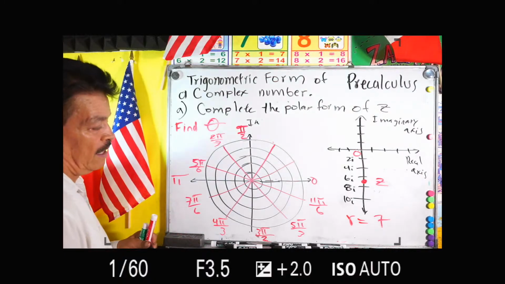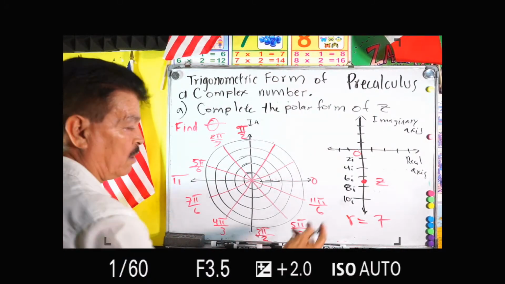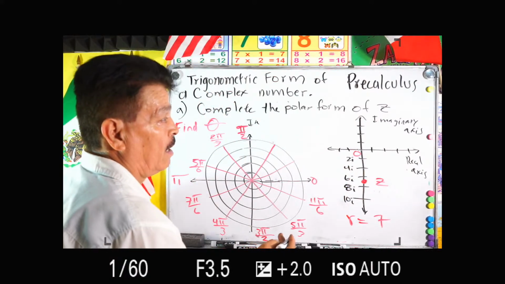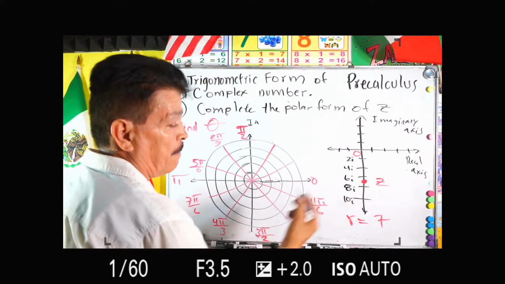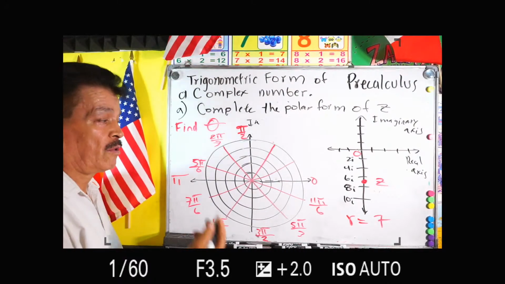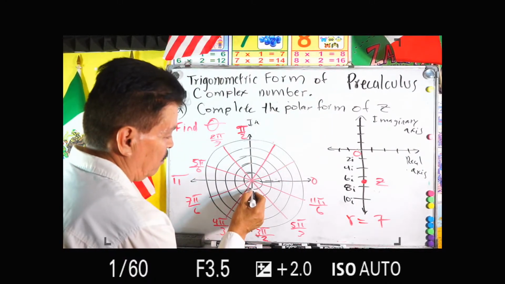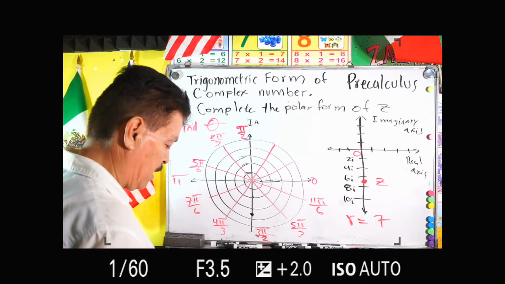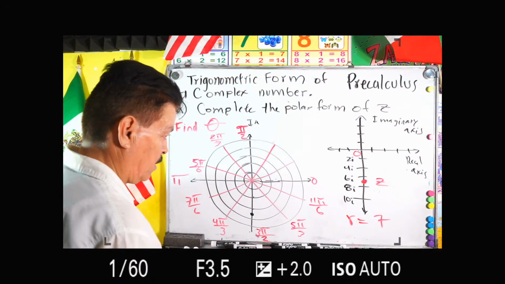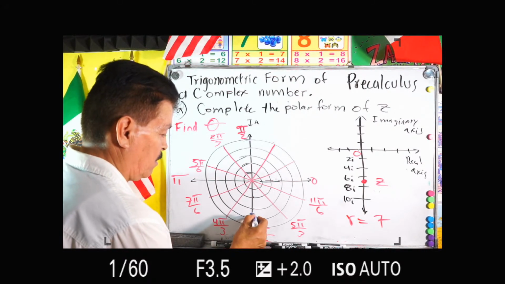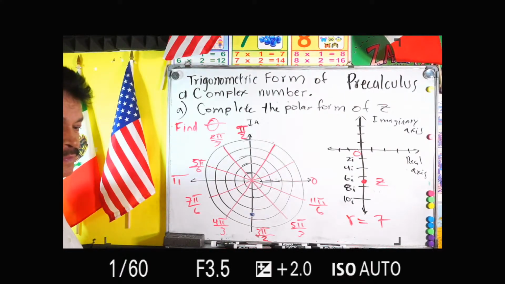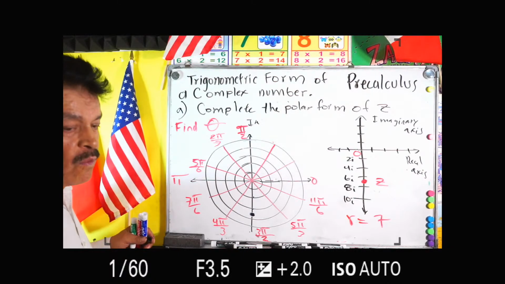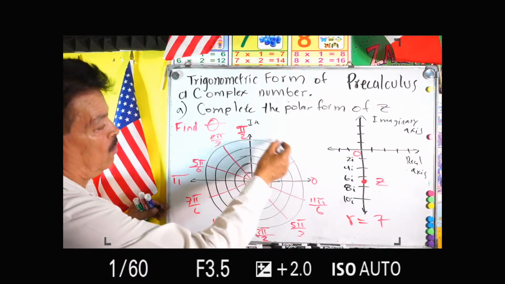Alright, that's it. This is 0 right here. You have all the data, but you need to watch in which side our problem is. Our complex number is right here. We have our point right here.